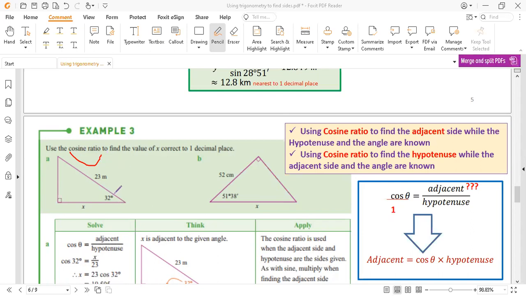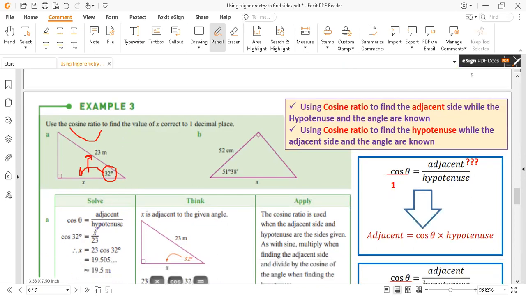For example, we have 32 degrees, the measure of this angle. What is the first question to ask? What are the sides involved in this ratio? Cosine is adjacent over hypotenuse, so x over 23.